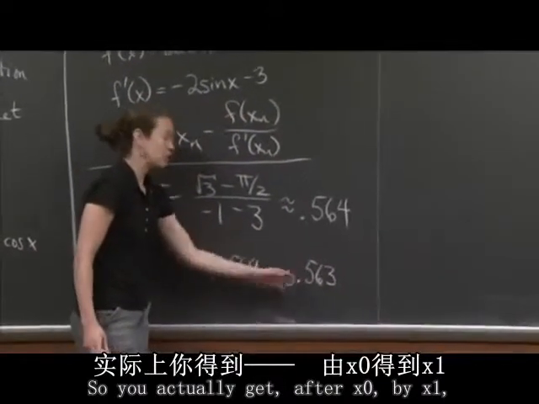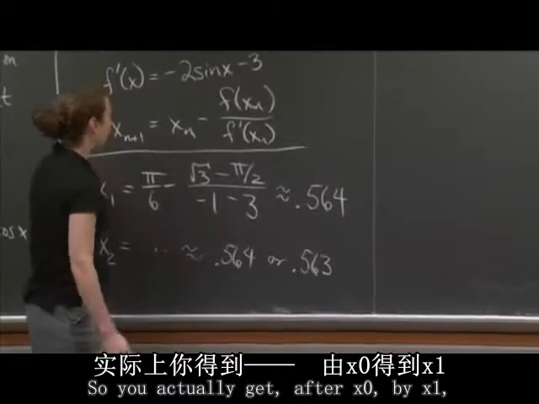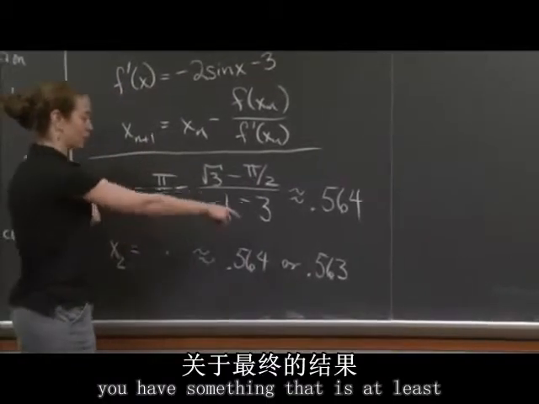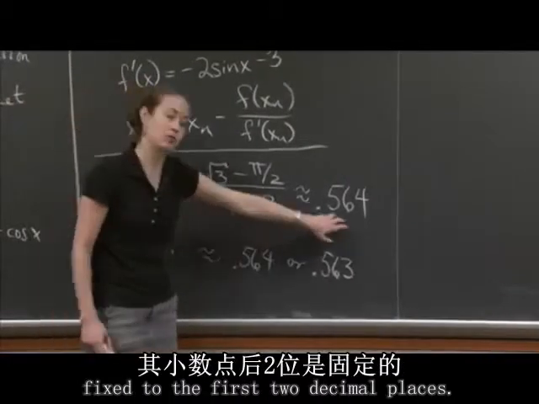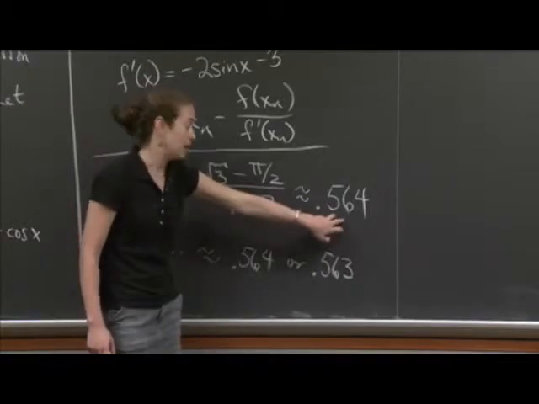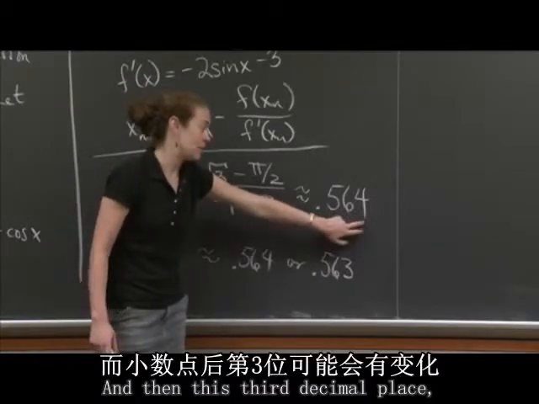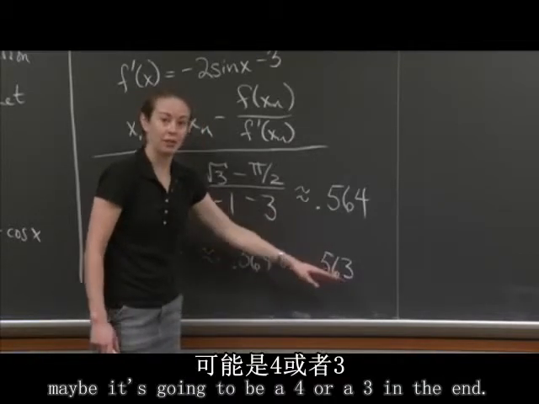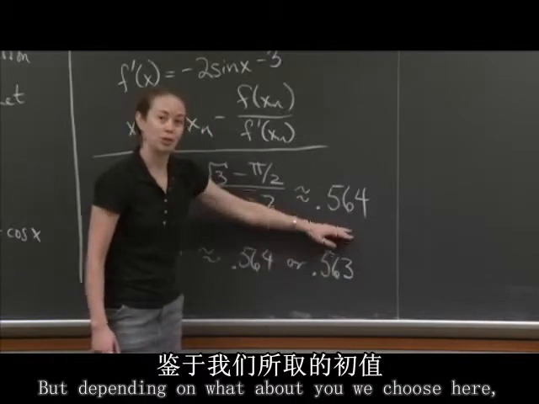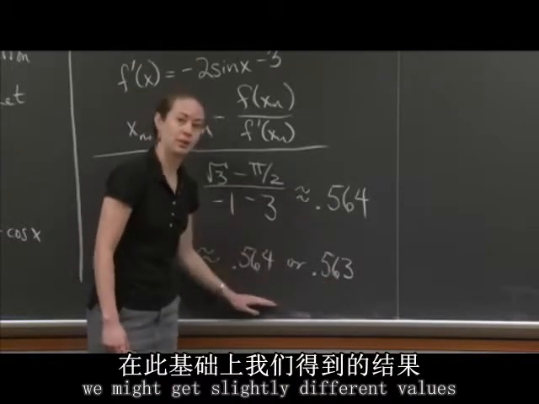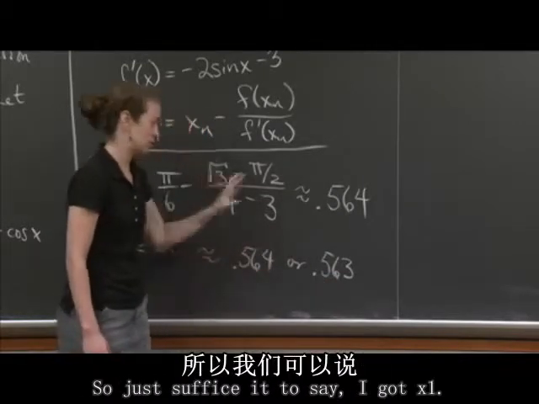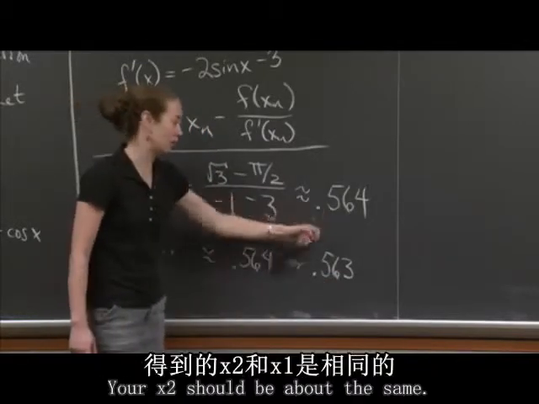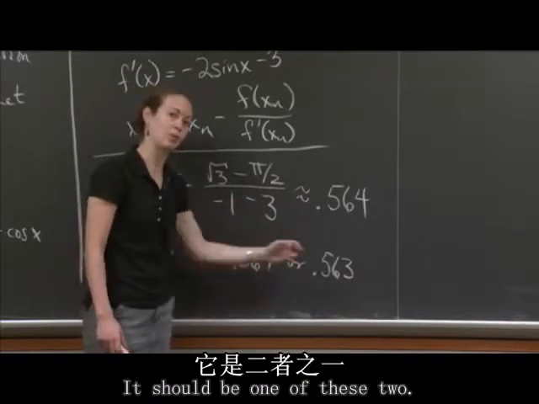So after x0, by x1, you have something that is at least fixed to the first two decimal places. And then the third decimal place, maybe it's going to be a 4 or a 3 in the end. But depending on what value we choose here, we might get slightly different values based on the rounding. So just suffice it to say, I got x1, your x2 should be about the same. It should be one of these two.